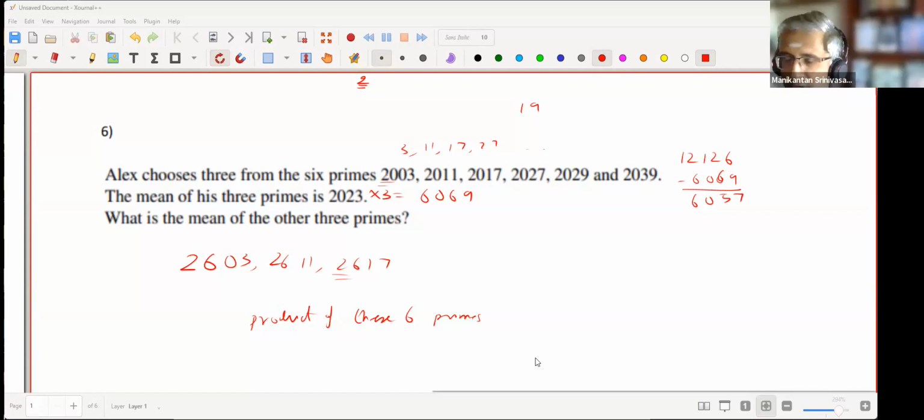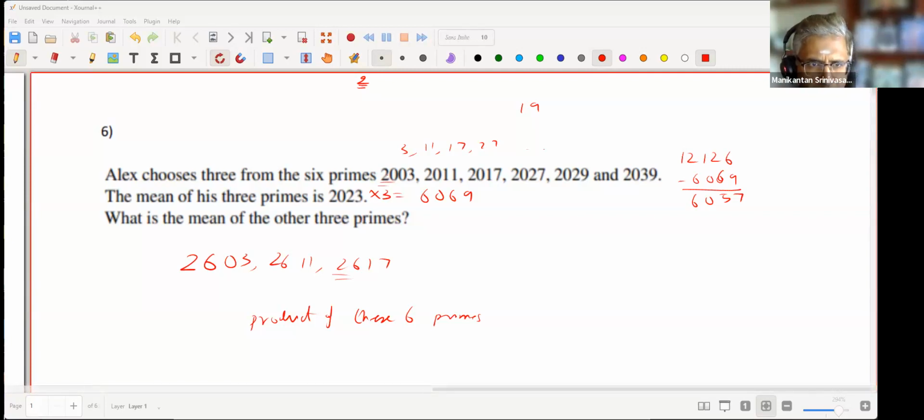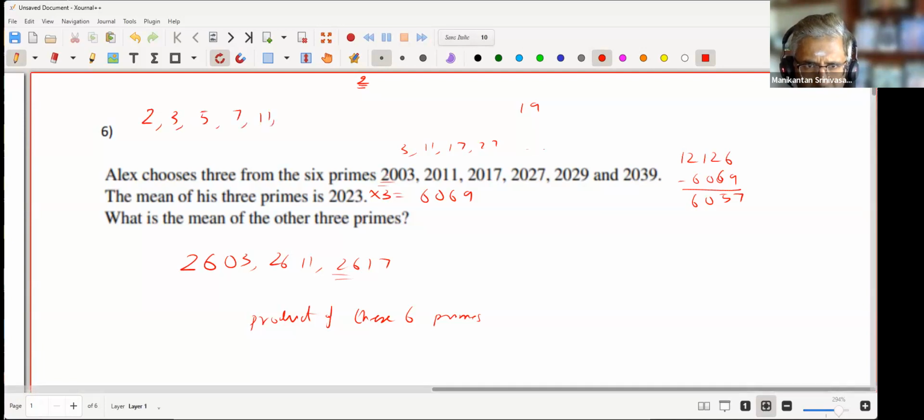Why 7 factors? The product of these 6 numbers. So there are 6 primes, so the only factors that they have are 1 and itself. For example, had the numbers been small numbers, 2, 3, 5, 7, 11, and 13. If you look at the product of these 6 small prime numbers, you're saying they'll have only 7 factors.